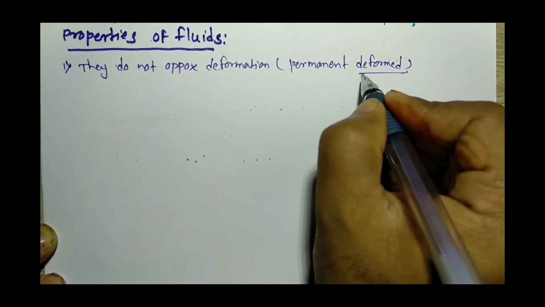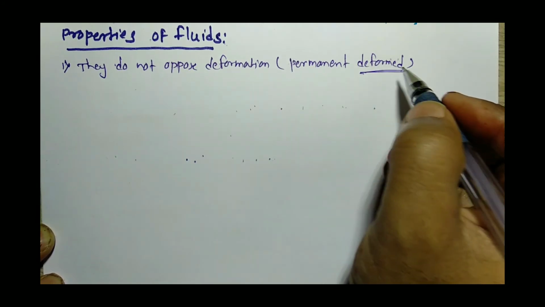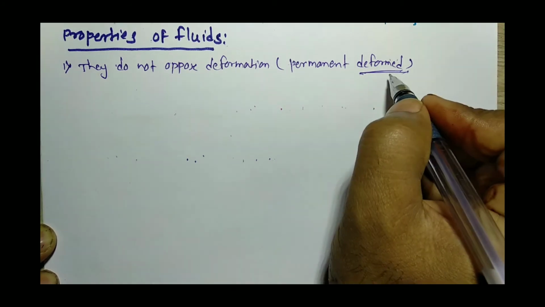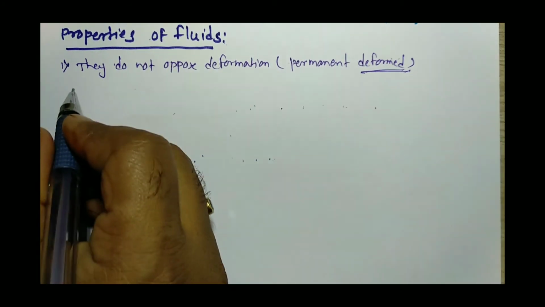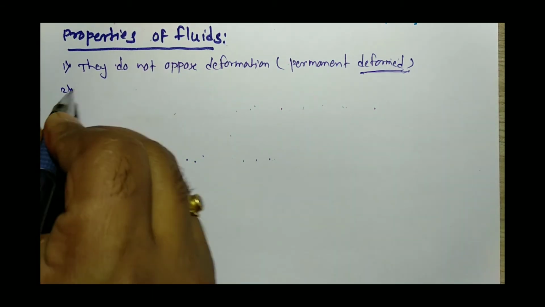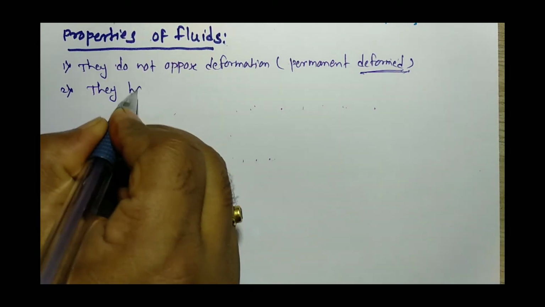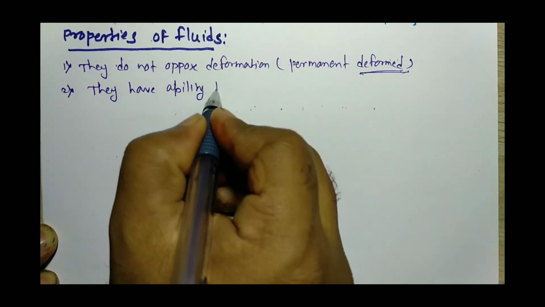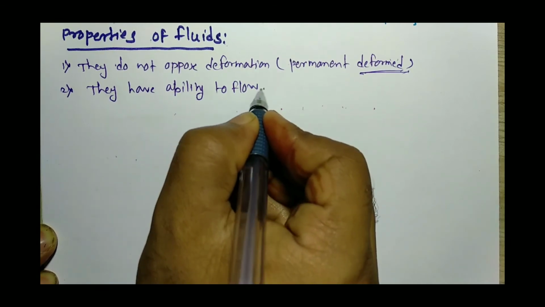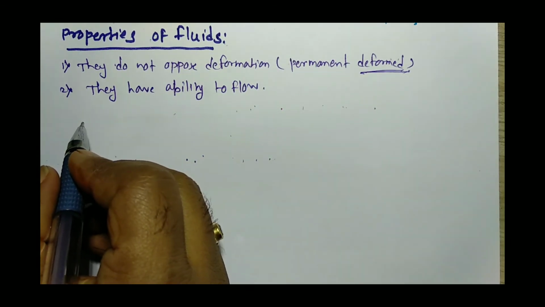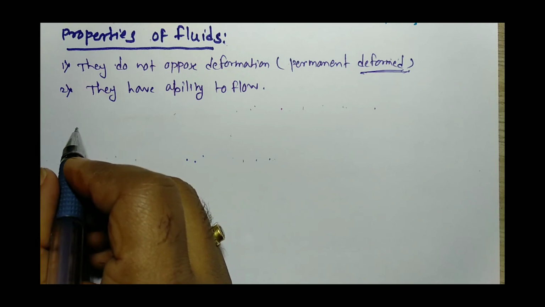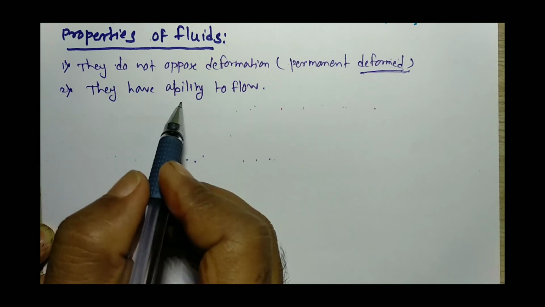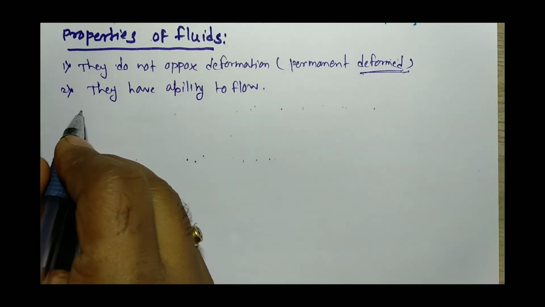Deformation is a change in shape and size, or length, shape, size, volume, and permanent deformation is found inside the fluid. The second one is they have the ability to flow. We know that a fluid is a substance which is able to flow, and therefore fluids have the ability to flow.